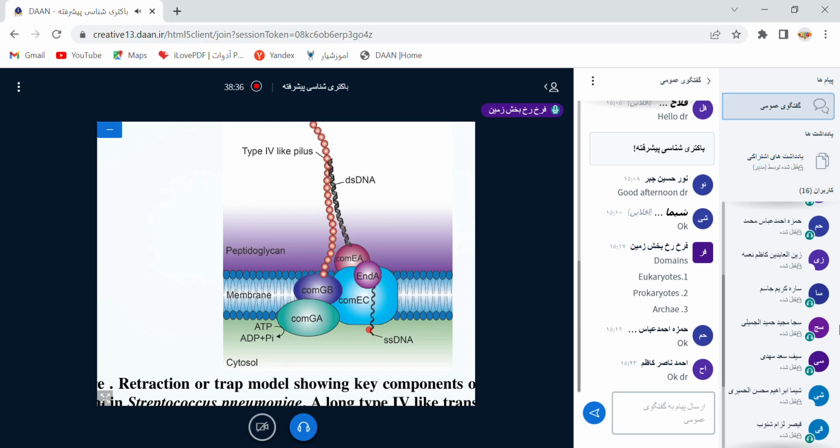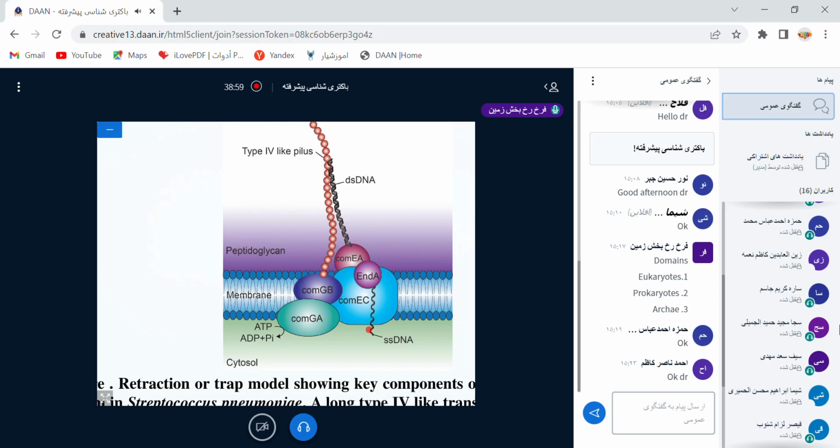On the other hand, these small pieces of DNA may contain some good genes, which can incorporate into the DNA, the chromosome of the bacteria. And that bacteria become stronger than before.